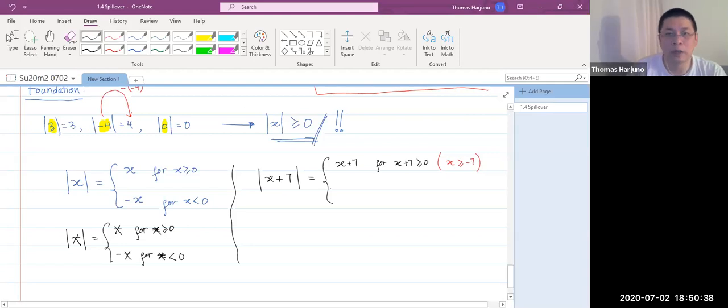And that will be negative of x plus 7 for x plus 7 less than 0, or when x is less than negative 7.